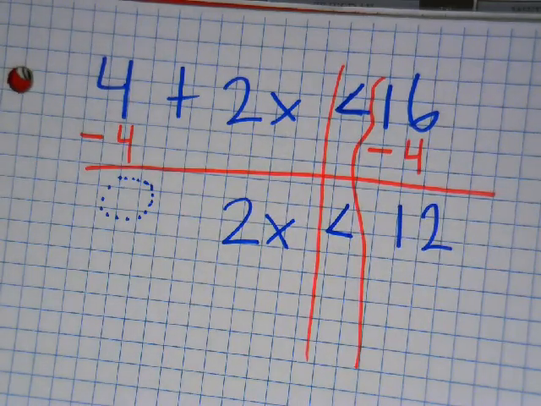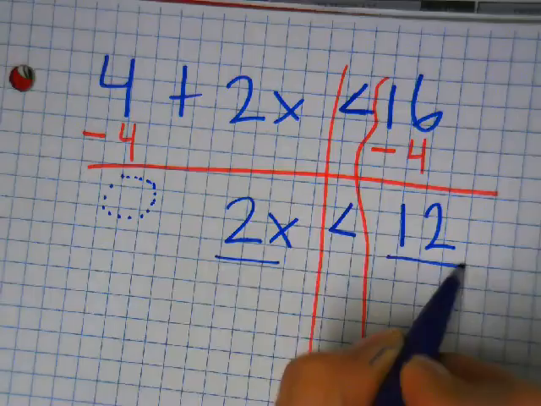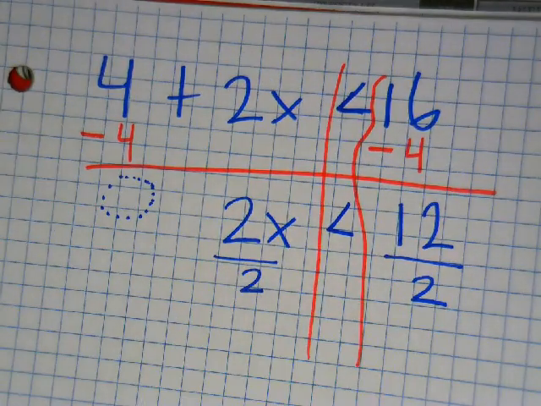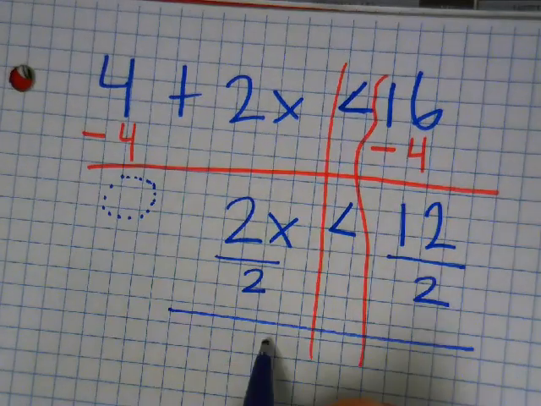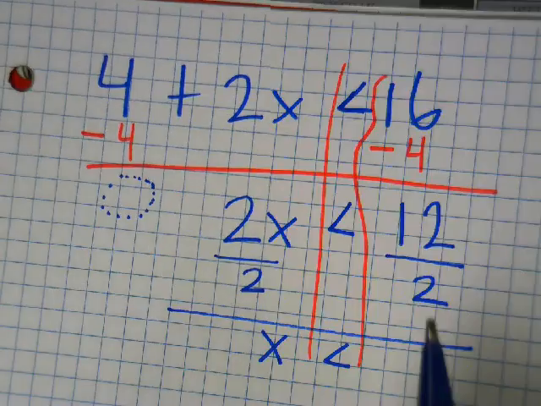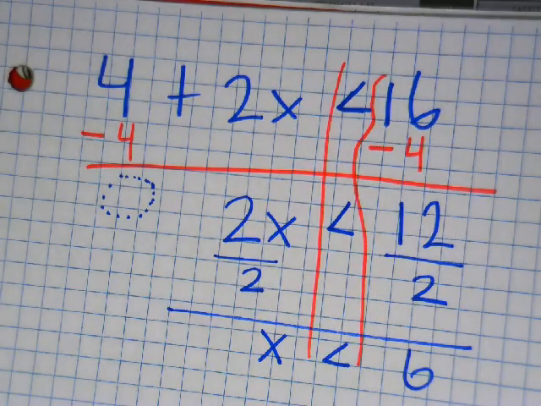Okay. How do I move the 2? Divide. Humberto, you have this? Divide by 2. Divide by 2. Right? This means division, so we're going to divide by 2. X is less than. What is 12 divided by 2? 6. Done.